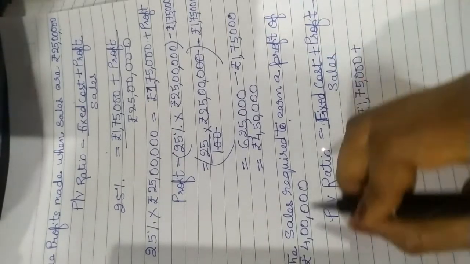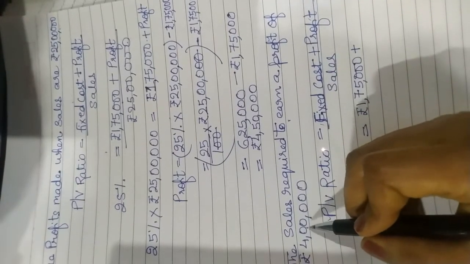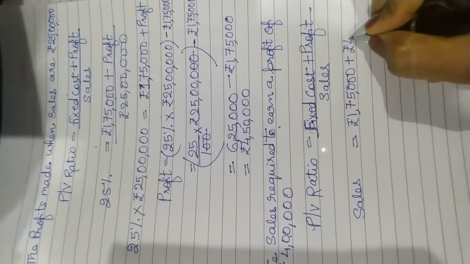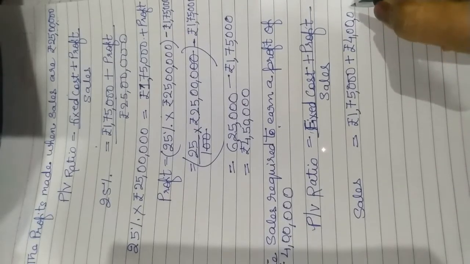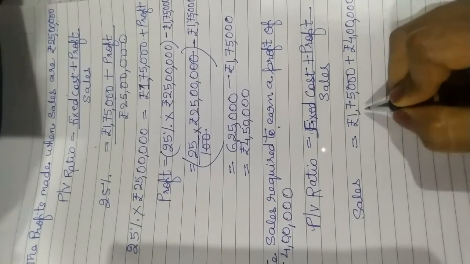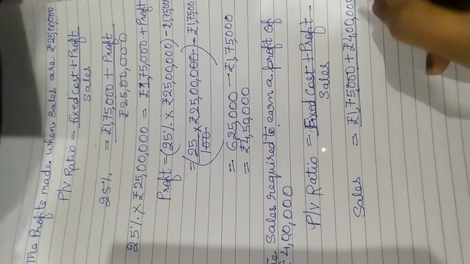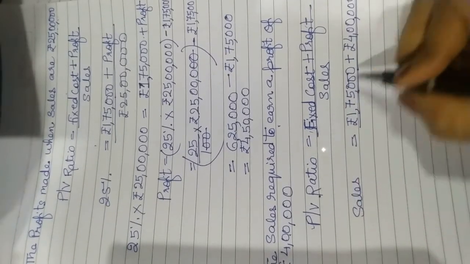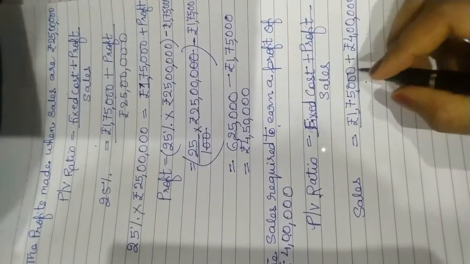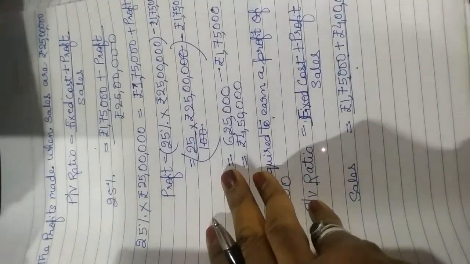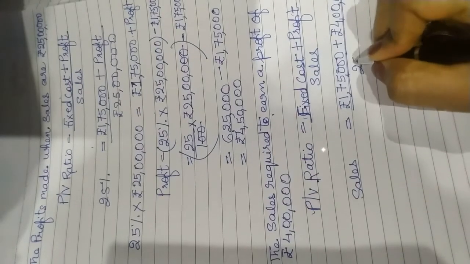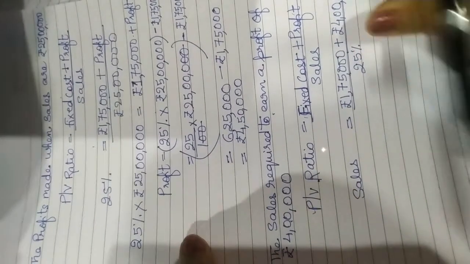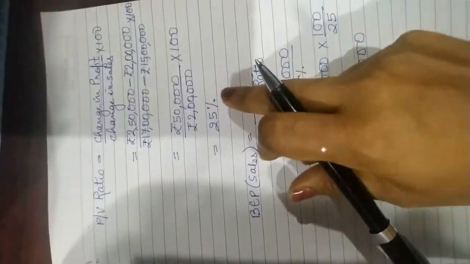And profit is how much? It is given, rupees 4 lakh. And this PV ratio will come down. The PV ratio is how much? We calculated it in the first step, that is 25%.